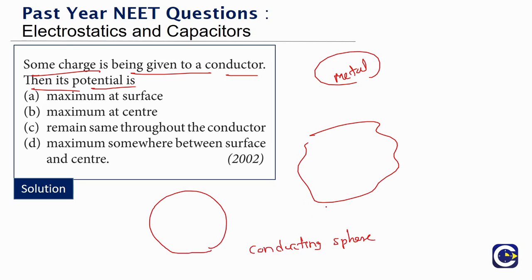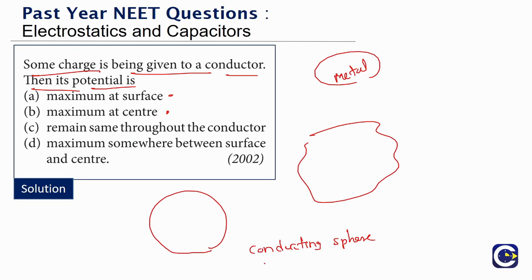It can be any shape. Now we have to comment on the potential. Option A says potential is maximum at the surface. Option B says potential is maximum at the center. Option C says potential remains the same throughout the conductor. Option D says it is maximum somewhere between the surface and the center.